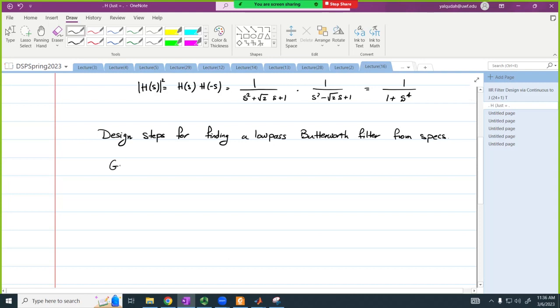So what are we given? We're given the cutoff frequency, the 3 dB passband frequency. We will be given the stop band frequency.